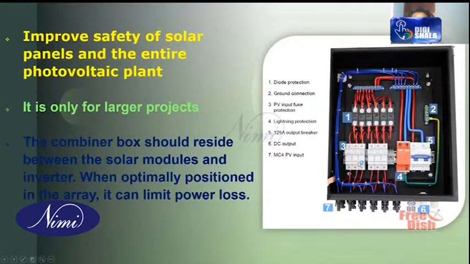This is the PV input fuse protection. Fuse or circuit breaker will be used; this is a DC protection. Whenever overcurrent is there, it will get fused. It will disconnect the solar module from various other components. Okay. So from this one, it is going through the diode protection, like a blocking diode.